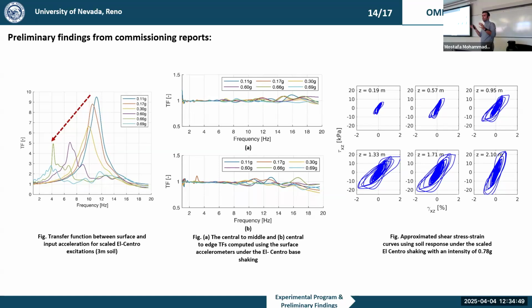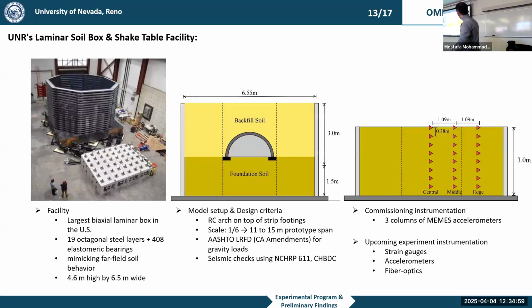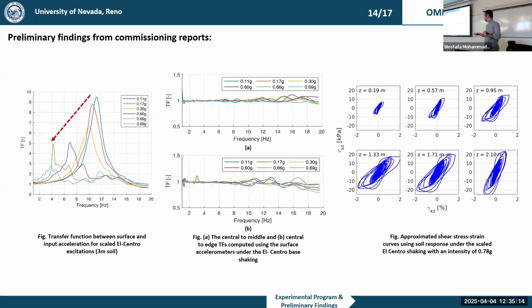So it means that the boundary effect of our box is not happening until that 15 hertz frequency. So we can say that in this area from the right side and also the same thing on the left side, we can call it an undisturbed zone, where the reflection of the waves, which go to the soil sides and get back to the soil, is kind of negligible.